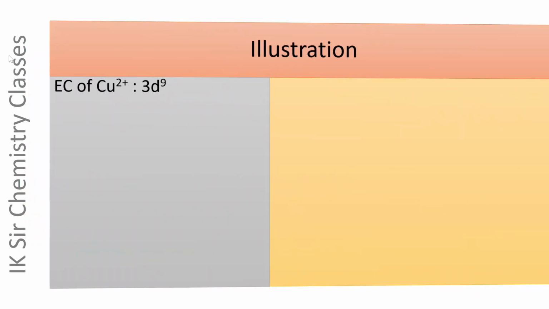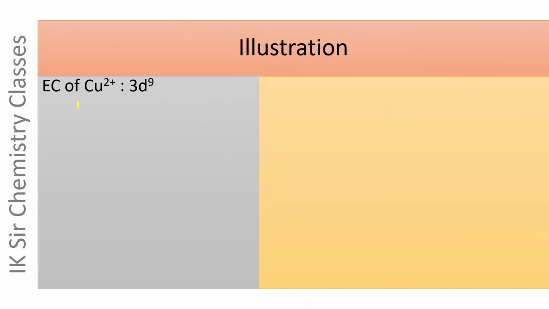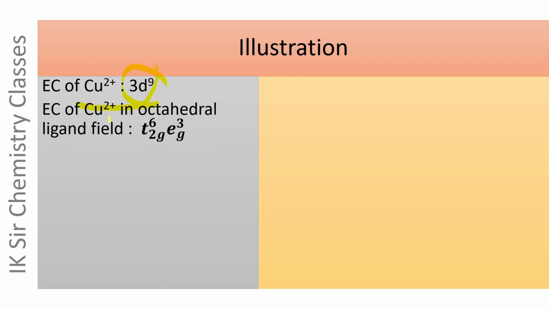Let us see an example. Cu2 plus ion has electronic configuration 3d9. The electronic configuration of Cu2 plus in an octahedral crystal field will be t2g6 eg3. The eg3 set of orbitals is unsymmetrically filled.